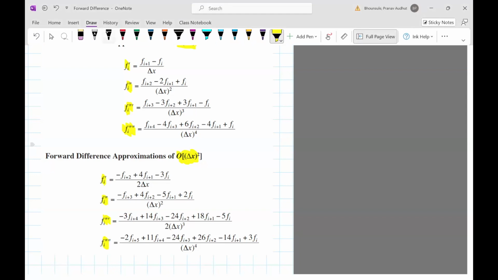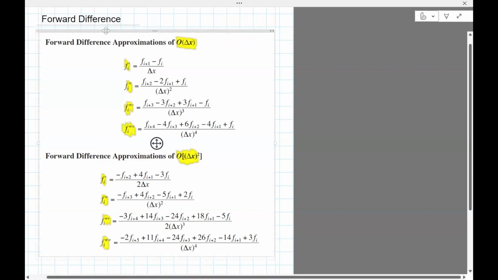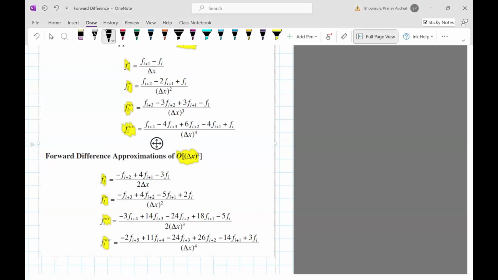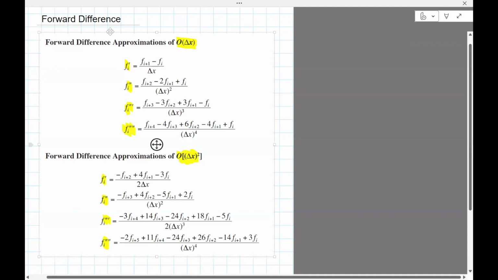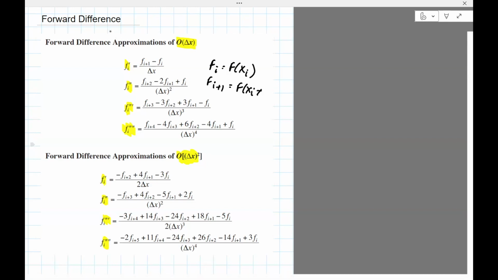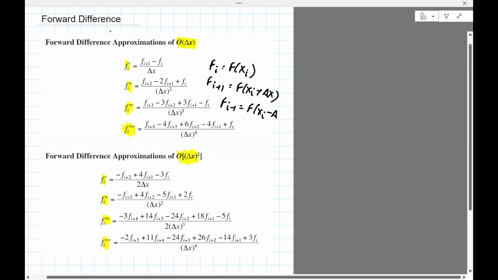By the way, this f of I means f of xi, and f of I plus 1 means f of xi plus delta x, and then f of I minus 1 means f of xi minus delta x, right?